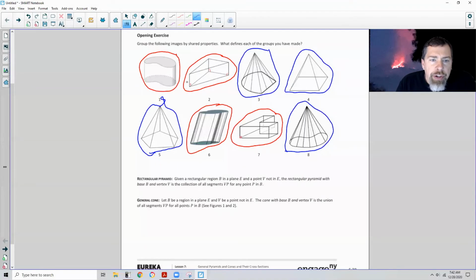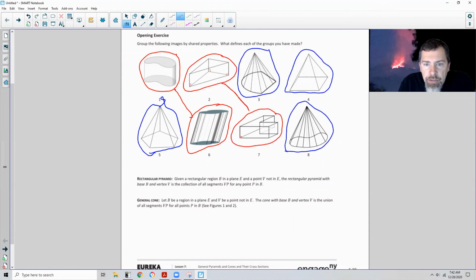Okay, let's further narrow these down, by the way. So let's look at the ones I circled in red. Figure 1 and figure 6 have odd bases. They're just a particular shape. Figures 2 and 7 are a different kind of shape.